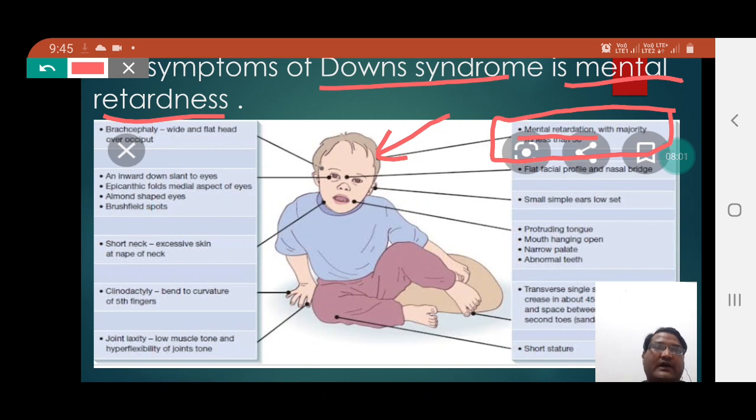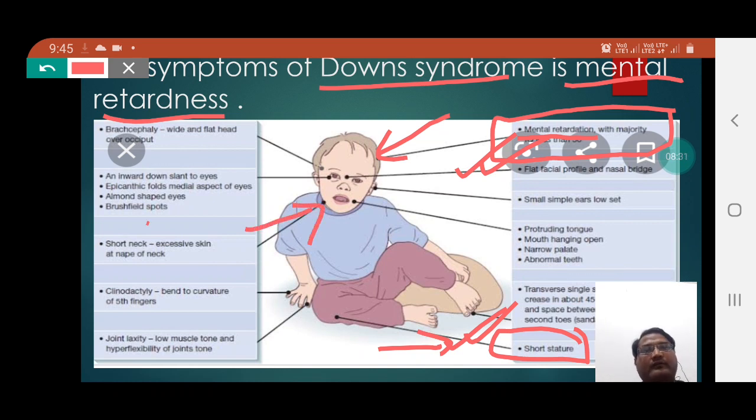Students, apart from that, we can also notice that Down syndrome makes the person short in stature. So this is another point which is mentioned, that the person becomes short statured. That is, the height of the person does not increase to full length. Apart from that, the person also has a short neck.